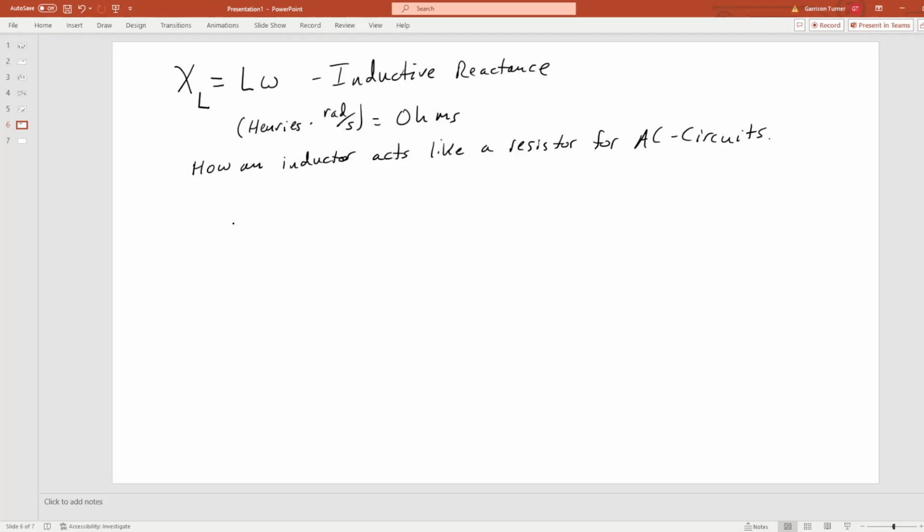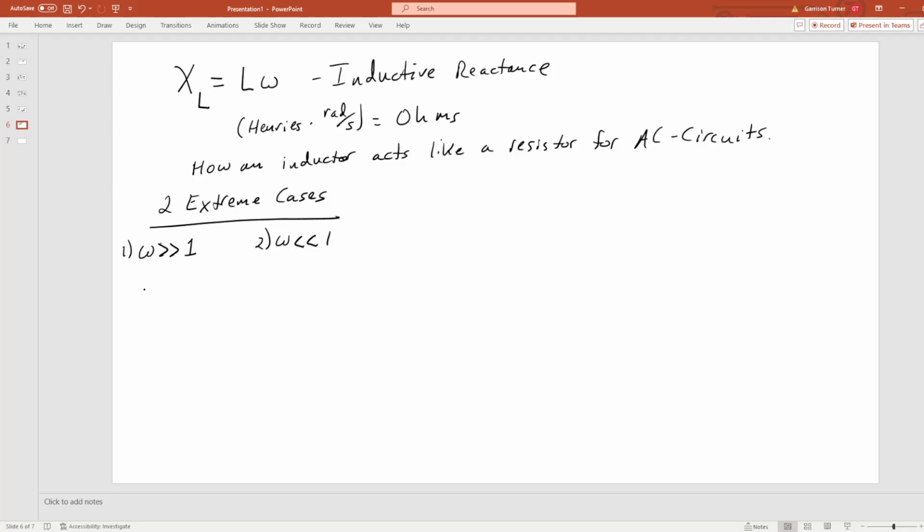And so once again, we can look at the two extreme cases. And that is when omega is much, much larger than 1, and when omega is much smaller than 1.